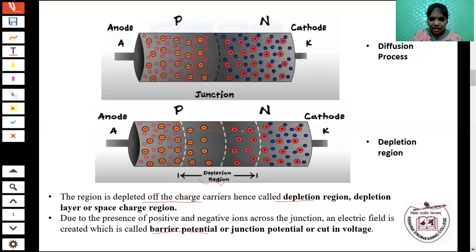These ions act as a barrier, like a wall. It does not allow the electrons or holes to cross the junction. So during the unbiased condition, there is no current flow in the PN junction diode. That means the current flow is zero. Next we are going to see about biasing.